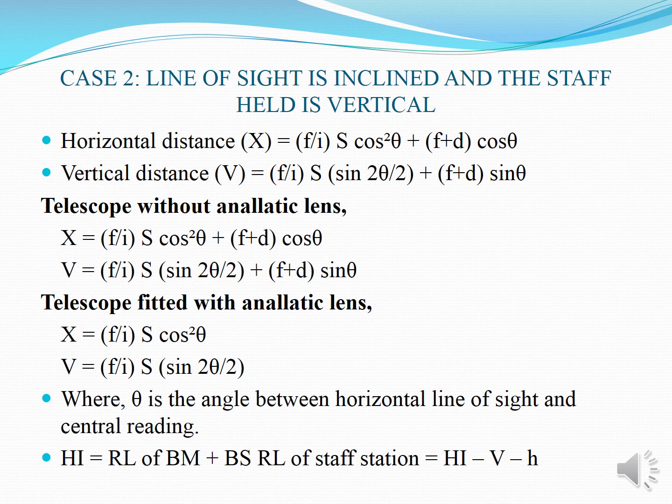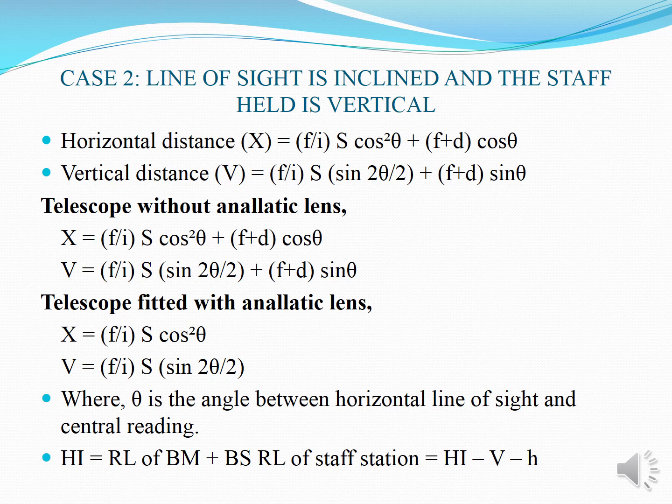Next, for the case where line of sight is inclined and the staff held is vertical, the horizontal distance capital X is calculated as f upon I into s into cos square theta plus f plus d into cos theta.